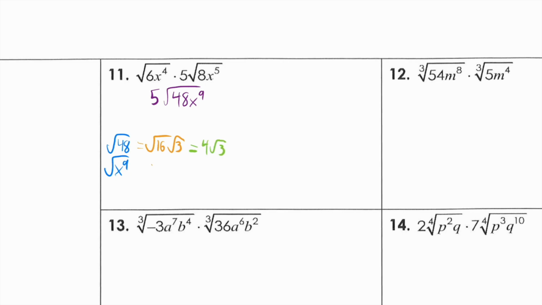Square root of x to the 9th, we're going to do x to the power of 9 over 2, which is the mixed number, x to the power of 4 and 1/2. And so this is 5 times 4, giving us 20, x to the 4th, or whole number for the exponent, times the square root of 3x to the 1st, or 3x.